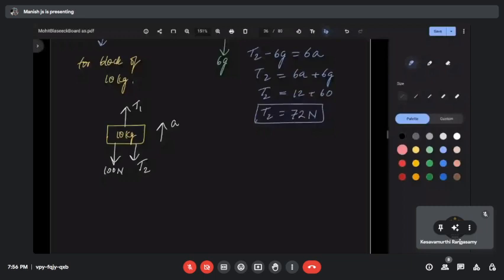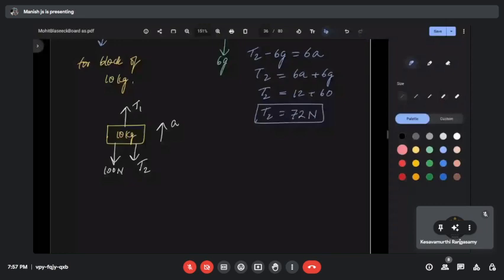Once you have shown everything, start writing the equation. T1 acting vertically upward, so plus T1 minus 100 minus T2 is equal to m a. This is the expression.